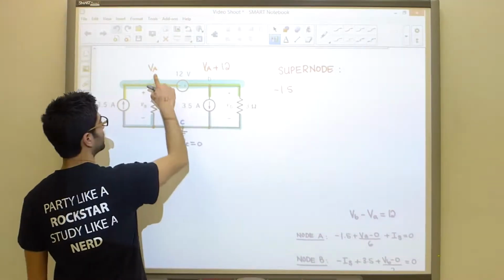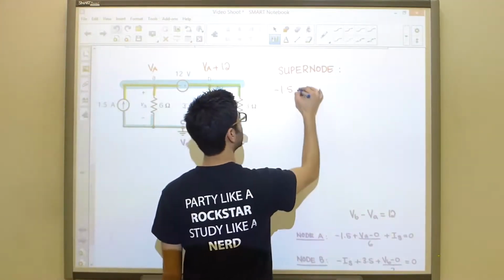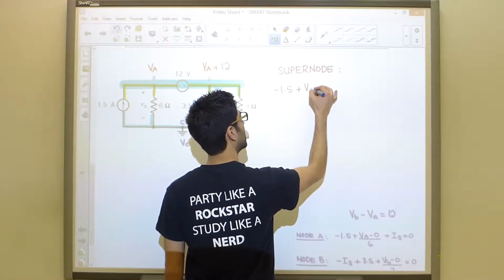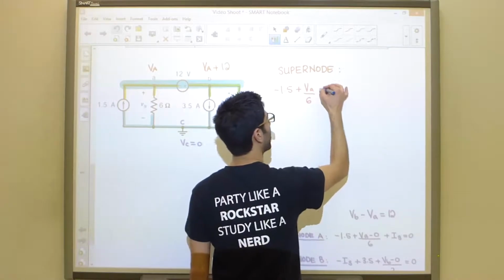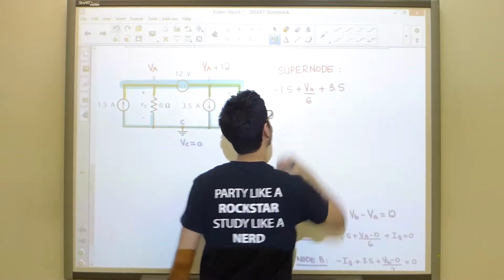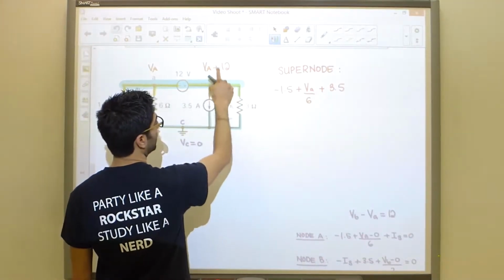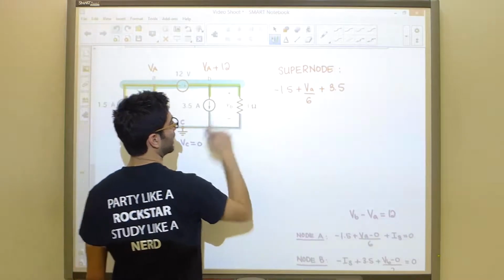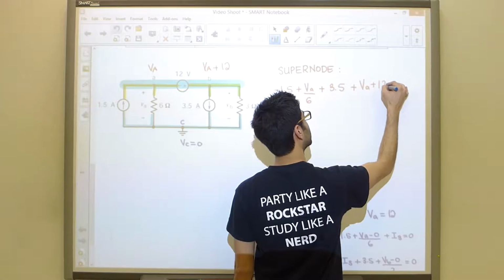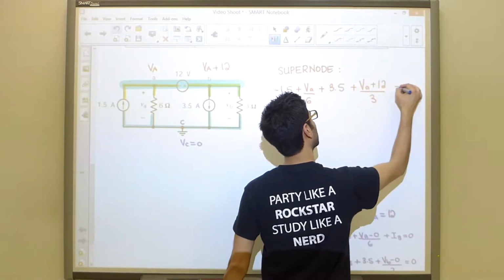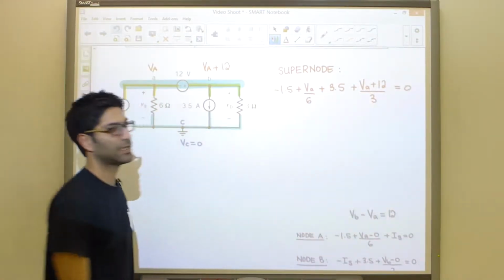Our second branch is VA minus 0 over 6, so just VA divided by 6. Next one has a current going out, so positive 3.5. And then finally VA plus 12 minus 0 divided by 3, equal to 0. It's as simple as that.